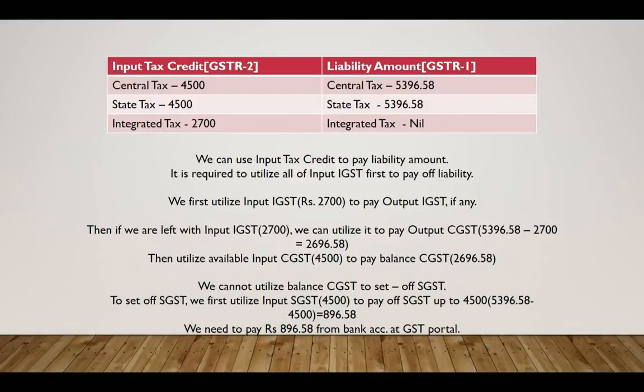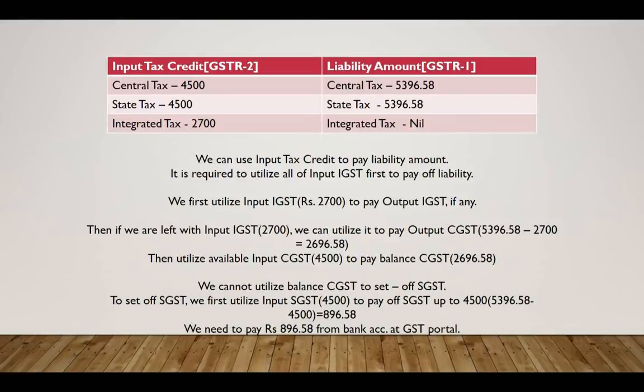So we need to pay this balance liability amount by utilizing input CGST credit. We will utilize 4,500 of input CGST to pay off the balance CGST amount. At this point we have set off the central tax amount completely, and we are no longer left with input IGST. And now we are required to set off the state tax liability amount, which is rupees 5,396 and 58 paise.